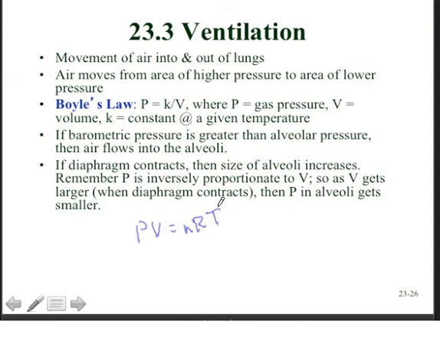Okay, where P is pressure. V is volume. N is the number of moles of gas.